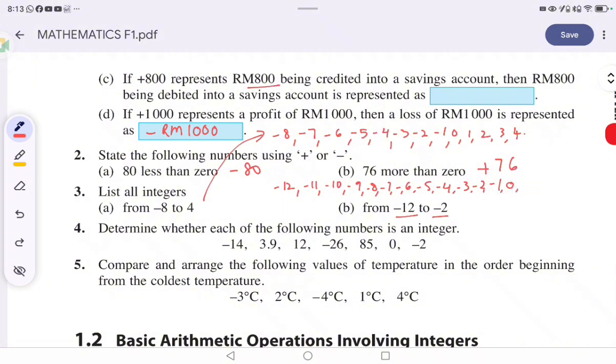Oh, they're asking you to write down until negative 2 only. So just erase this. Until negative 2 only. So that is the answer.